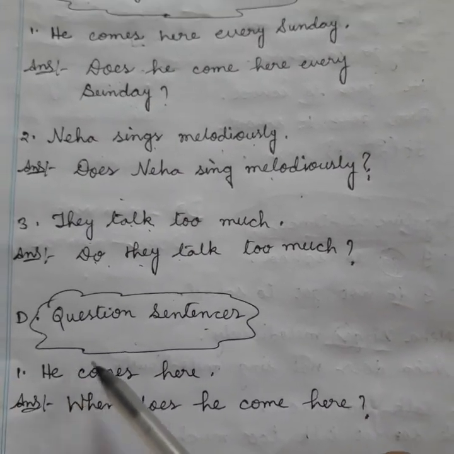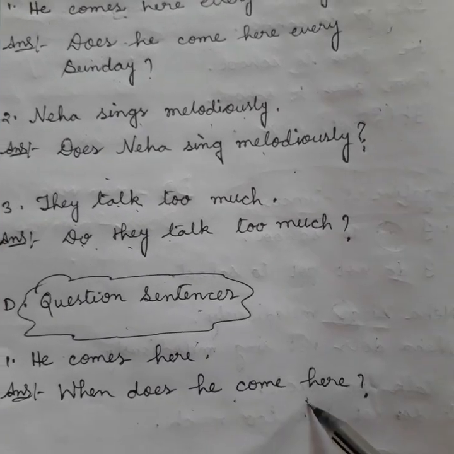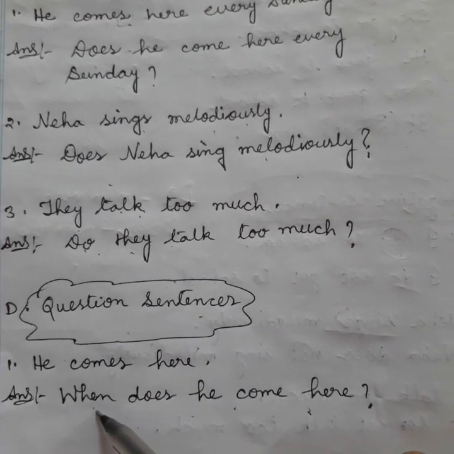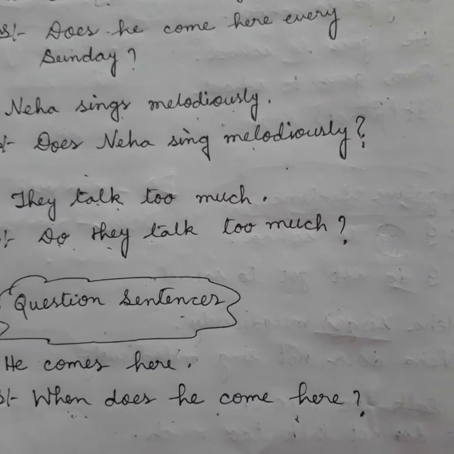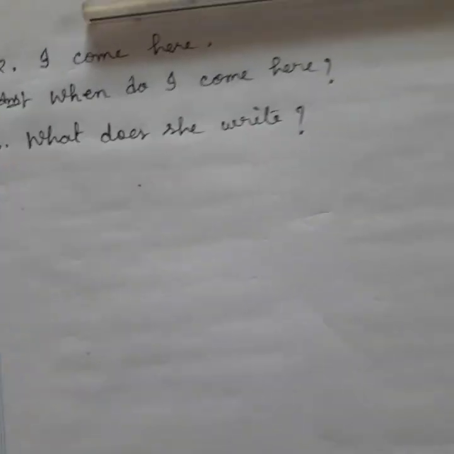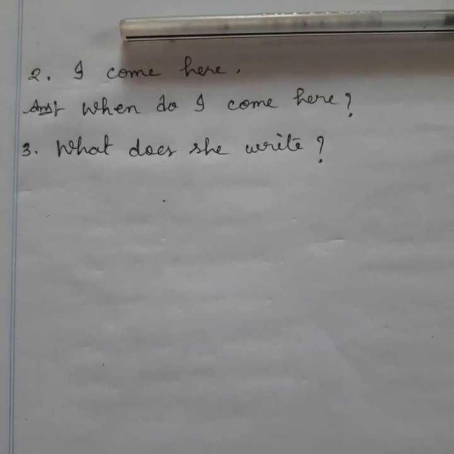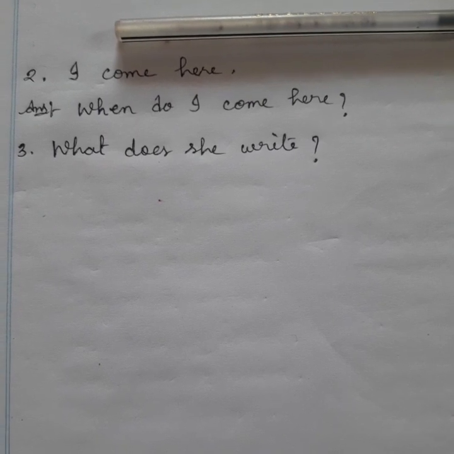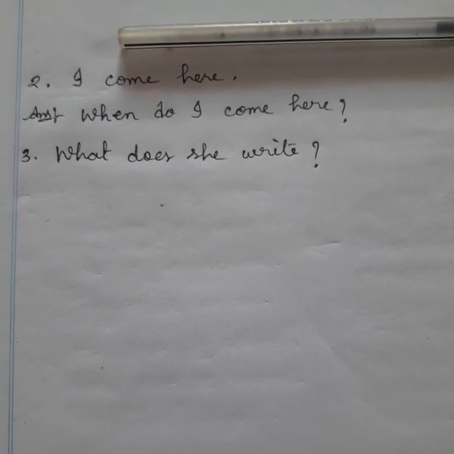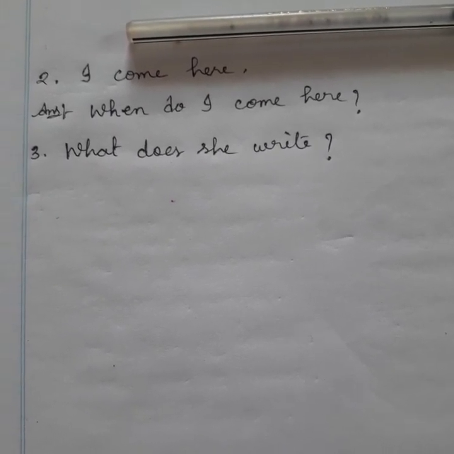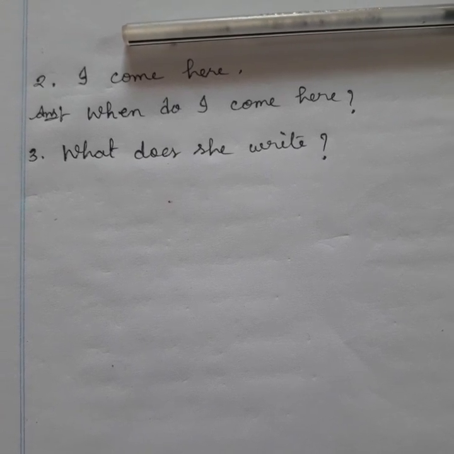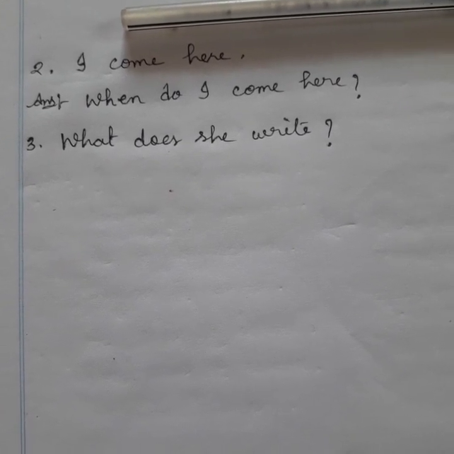For example, he comes here. When does he come here? So this one is the example of a question sentence. Now next I am showing you. I come here. When do I come here? What does she write? So these are examples of question sentences. Question sentence means you have to use WH words.